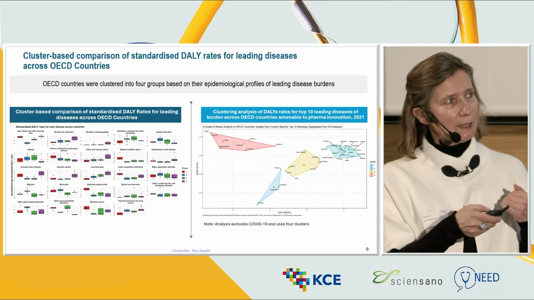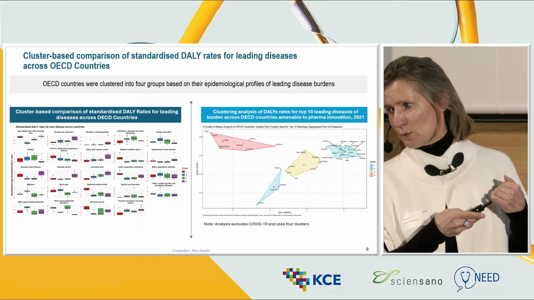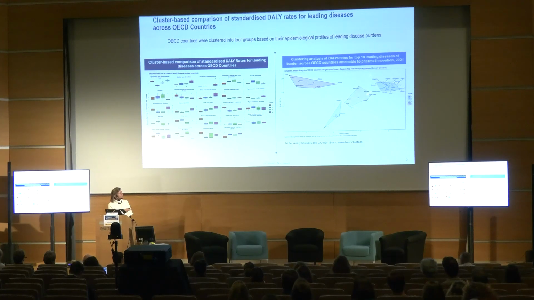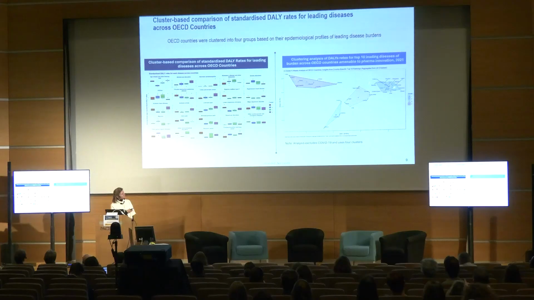And you probably cannot read, so I will guide you through these 4 groups we have. On the right side, in green, you have mostly a group of Western European countries where we have a relatively big burden of disease for anxiety and depressive disorder. These are the biggest burden.